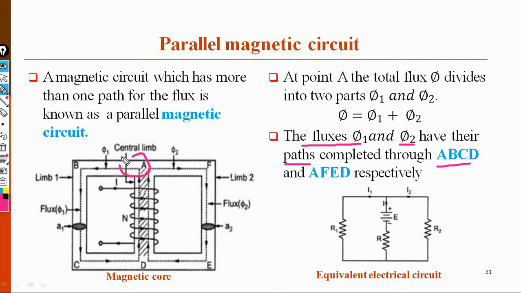A, B, C and D is the flux path for phi 1. Then A, F, E and D is the second flux path for phi 2. Now this is the concept of parallel magnetic circuit, that is phi is equal to phi 1 plus phi 2.